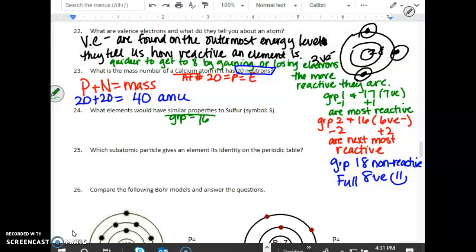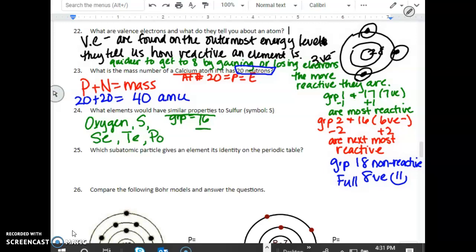And so any of those elements in group 16 are going to have similar properties. So I'm just going to list them all. The first one right above it is going to be oxygen. And then there's sulfur. Then selenium, Se, Te, and Po. Those are all of the ones in group 16.